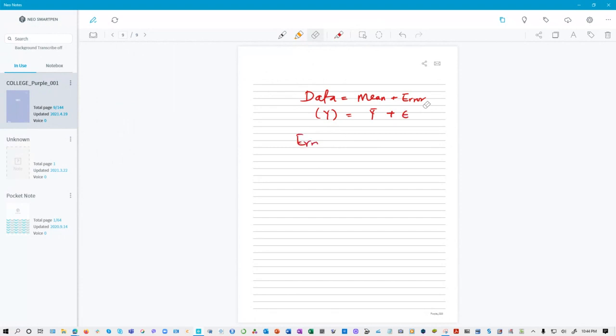So the error is nothing but all the time y minus y bar. Error or residual. In a sample setting, we call it the residual; in a population, we call it the error. Doesn't matter. See, y minus y bar: your data point minus y bar.